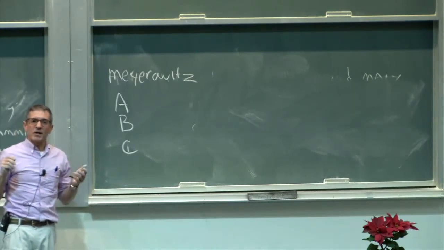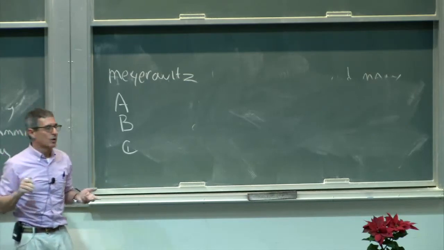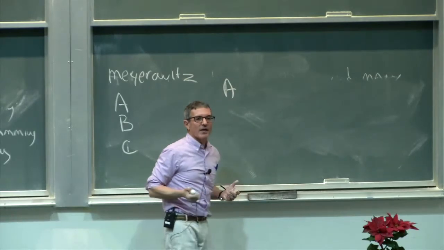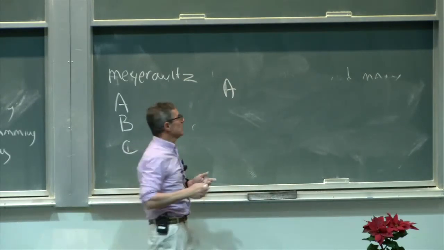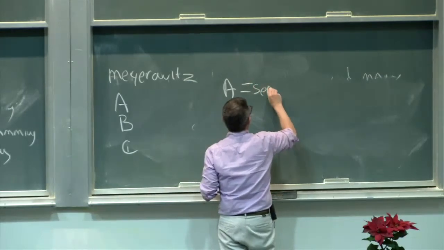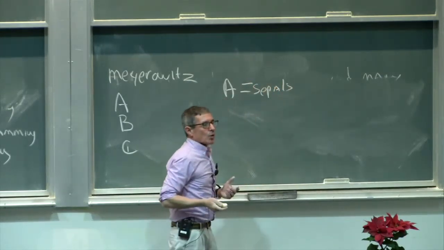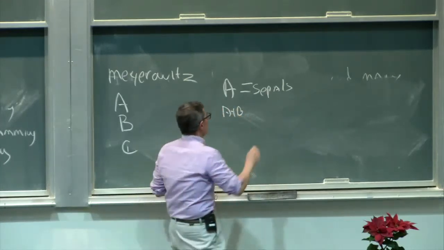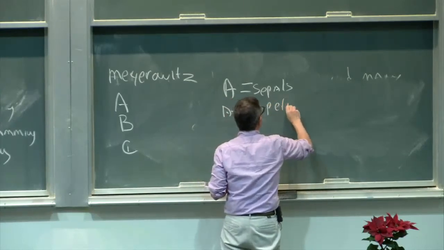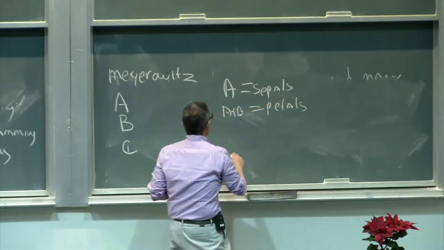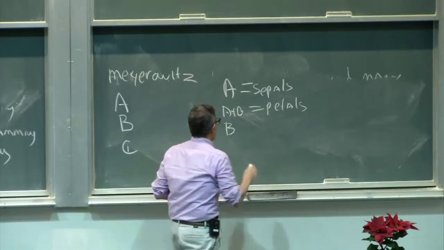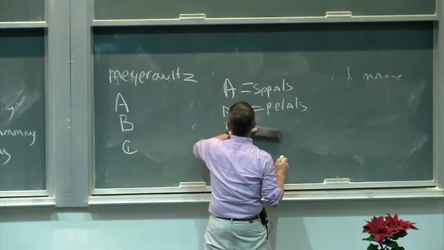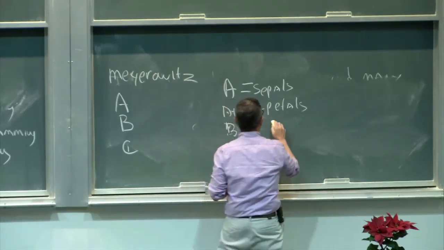And what they found, which was the most remarkable part of their work, was that when gene A was turned on, the shoot apical meristem began to make the sepals. When A and B were turned on, the shoot apical meristem began to make petals. When B is turned on alone, we make the stamens.